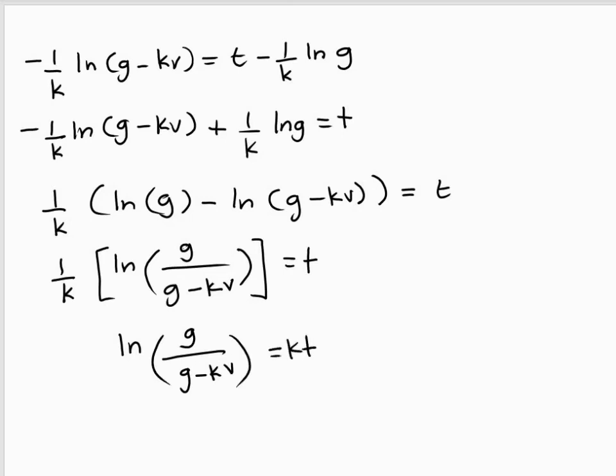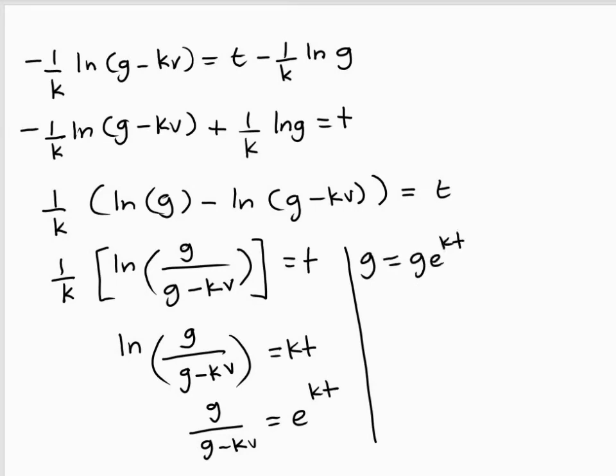Converting from ln to exponent, we have g over g minus kv equals e to the power of kt. To prove this, we have to make v the subject. Now we have to cross multiply first. So we have g equals g e to the kt minus e to the kt times kv. What I'm doing is cross multiplying here, and then we can bring the terms with v to the other side.